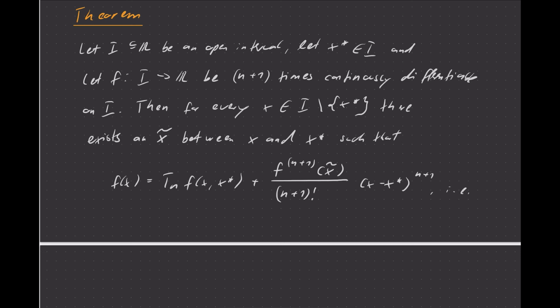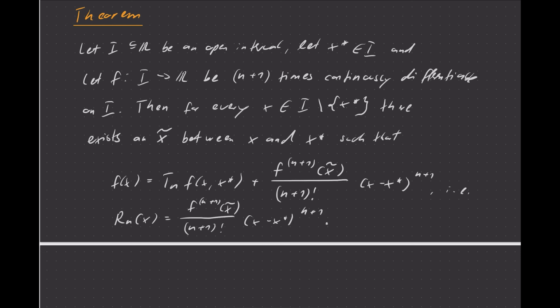So in other words, the remainder Rn of x is exactly that expression: f n plus 1 at x tilde over n plus 1 factorial times x minus x star to the power of n plus 1.